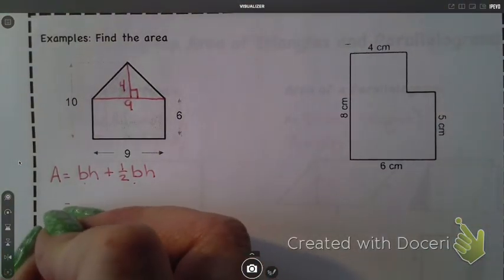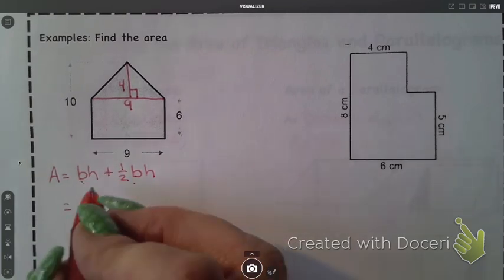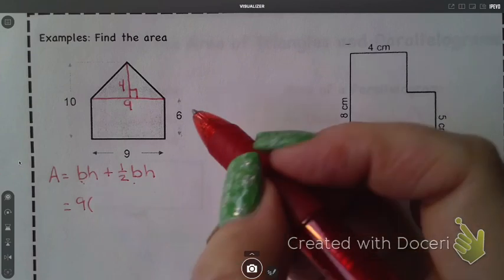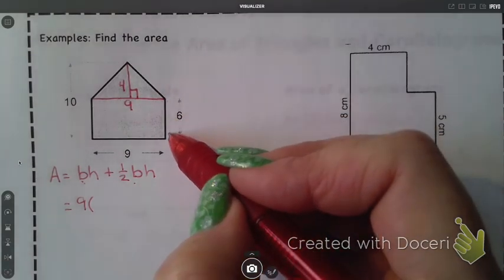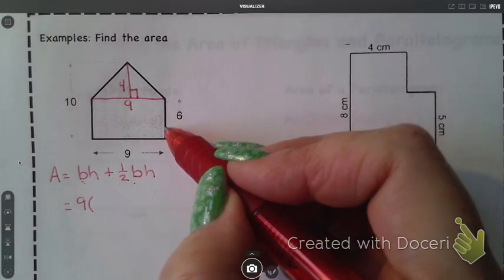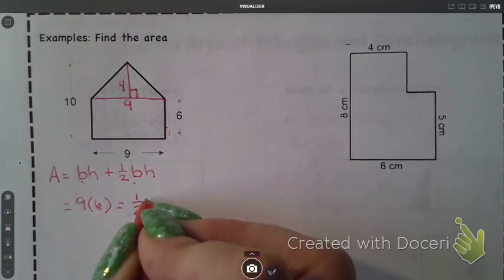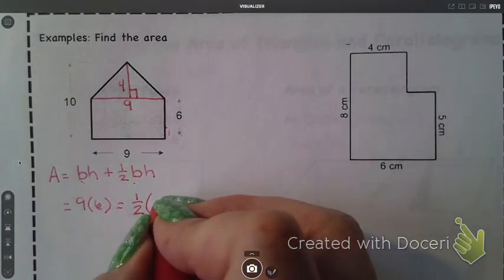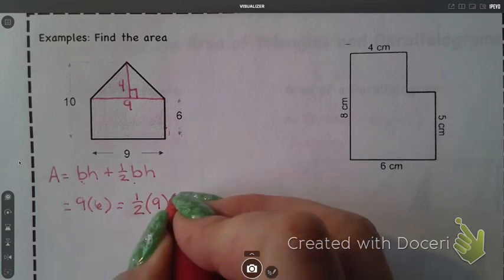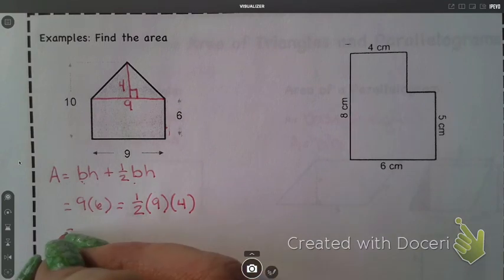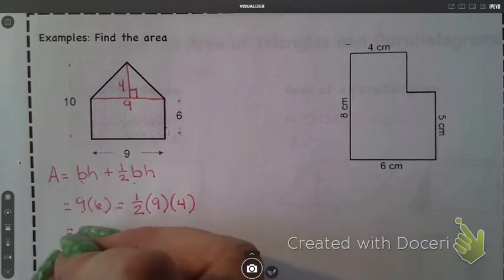Okay. So the base of the rectangle is 9 times the height? 10. No. 6. 6, just of the rectangle. Plus 1/2 the base of the triangle, 9. The height of the triangle, 4. So last time I'm going to check, 9 times 6 is 54.